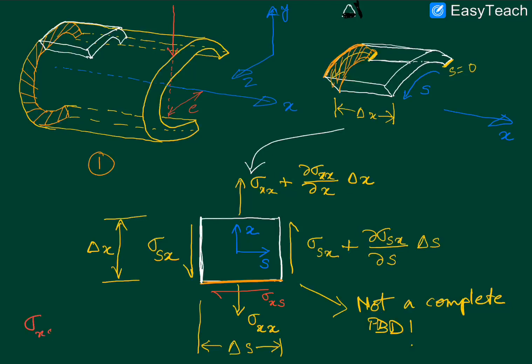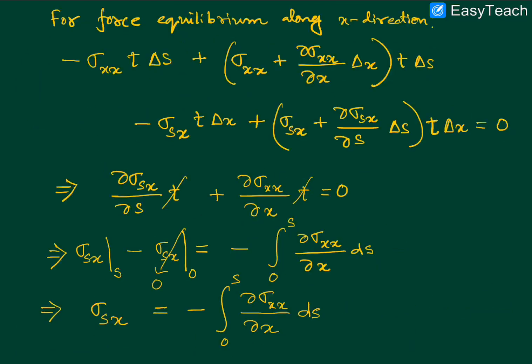But we note that sigma Xs will be equal to sigma Sx, and it is based on this fact that we are kind of happy that we have found out this expression for sigma Sx. So this is like an indirect way of being happy. Since we have managed to find out an expression for sigma Sx, we have also managed to find out an expression for sigma Xx. It is exactly the same thing, but that entire thing is now expressed in terms of sigma Xx.